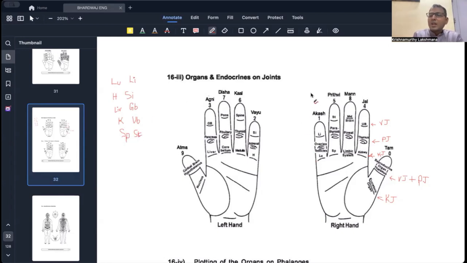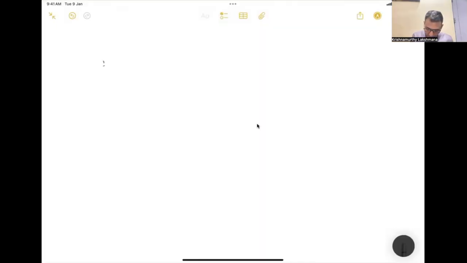Okay. Now, these are the yin organs, and these are the yang organs.